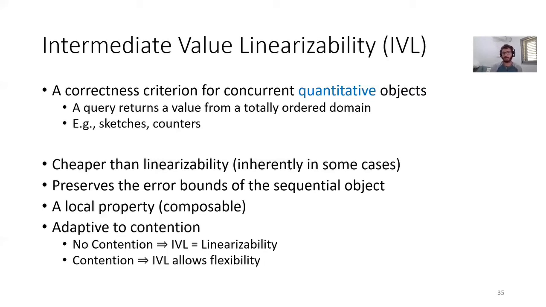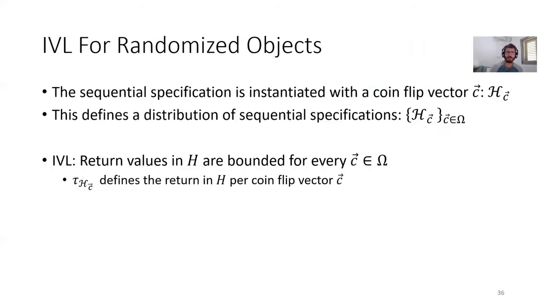They're randomized objects, so we need to first define what IVL is for a randomized object. Well, what is a randomized object? Or what's the sequential specification of a randomized object? Well, the sequential specification of a randomized object becomes non-randomized once it's instantiated with a coin flip vector. So once I've decided on the coin flips for this execution, I now have a sequential specification that is defined and rigid.